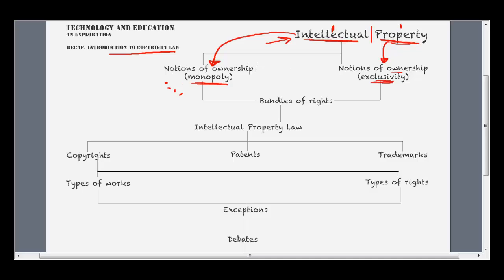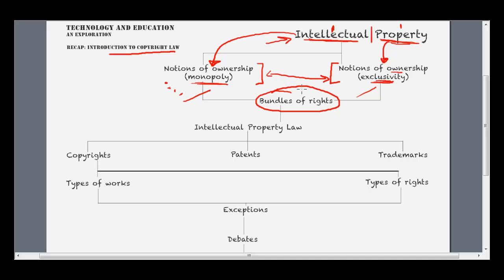In that sense, the idea of what can be done with property when you own it in the case of both intellectual property as well as real property are fairly similar under the law. Similar to the extent that you are essentially given bundles of rights over property, whether it is immovable or intangible intellectual property.